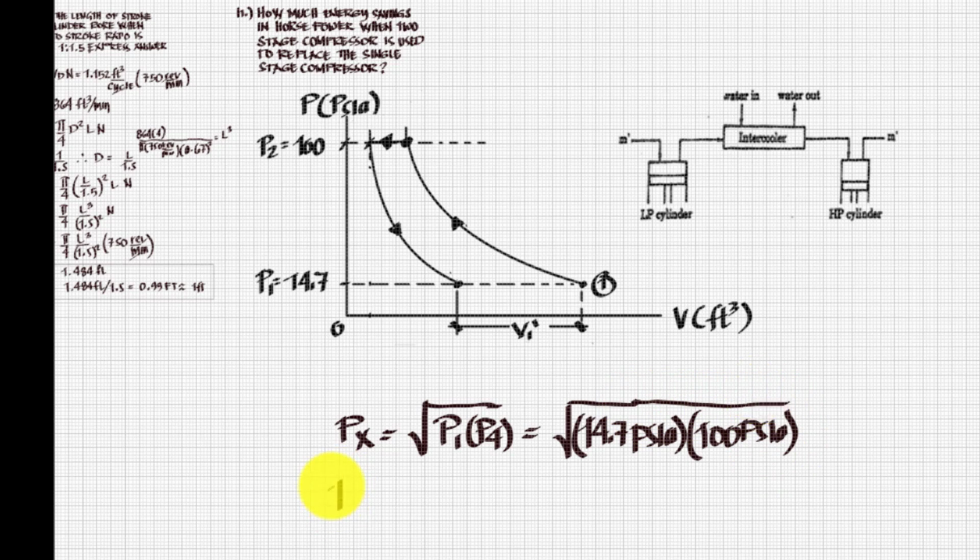Okay. Now we are able to get the value of the P sub x. So that will be 38.341 psi absolute. Okay, so P sub x now represents the pressure in between P sub 2 and P sub 1.